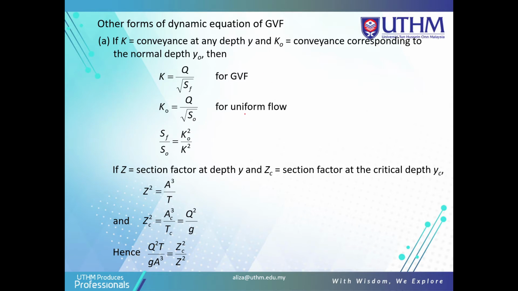So this is the equation that we use in the GVF, and also Z is the section factor at depth y, and Zc is the section factor at the critical depth. We have learned the section factor and conveyance in the previous topic. So we use all the equations that we have learned in chapter 1, chapter 2 and chapter 3 in this chapter.